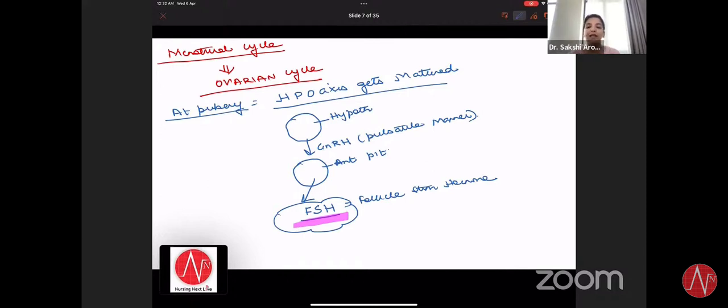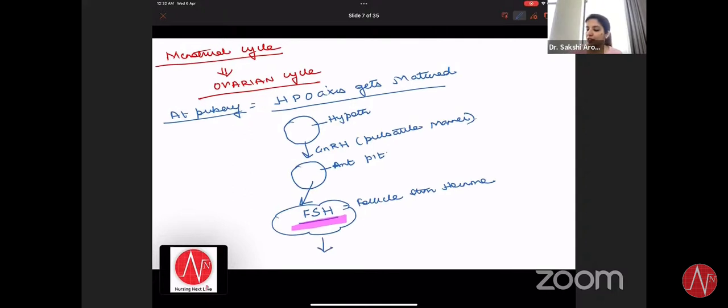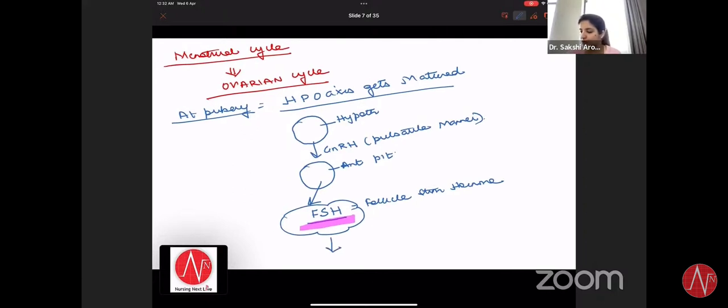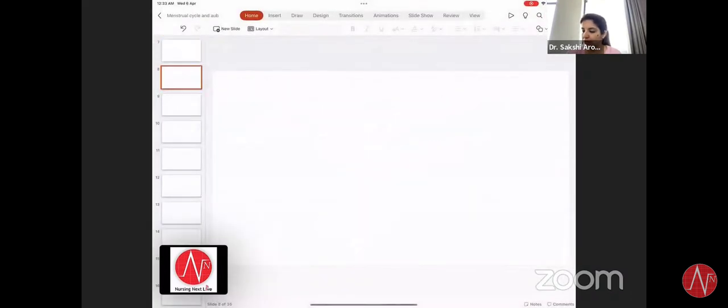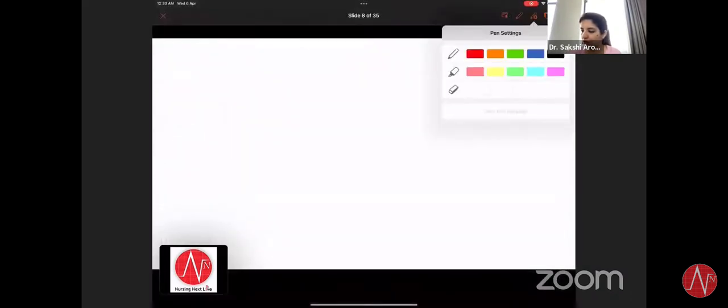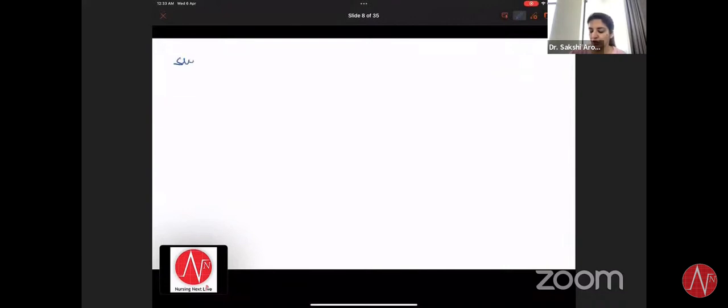A follicle is a primary oocyte which is surrounded by follicular cells. So FSH क्या करेगा? It is going to stimulate a large number of follicles, right? So FSH ने बहुत सारे follicles को stimulate कर दिया.